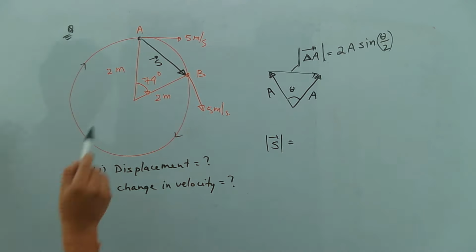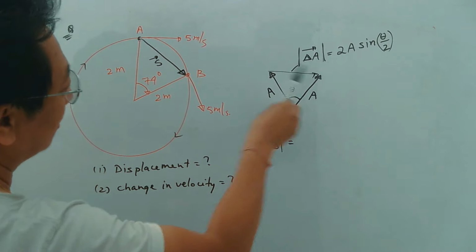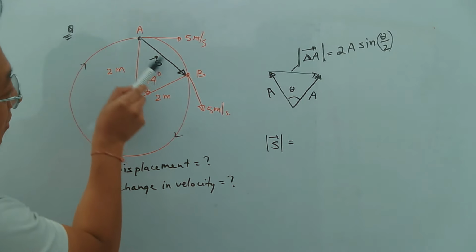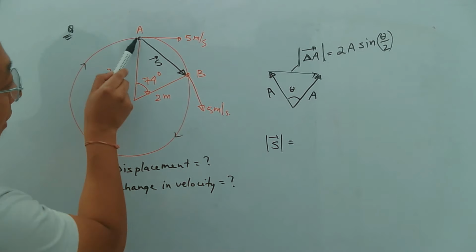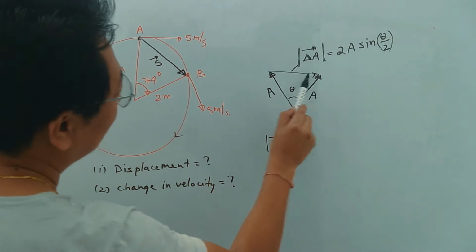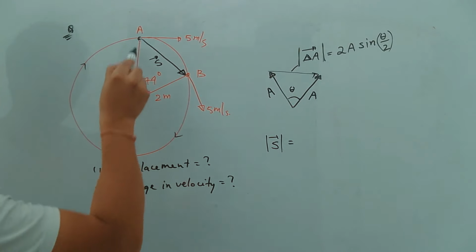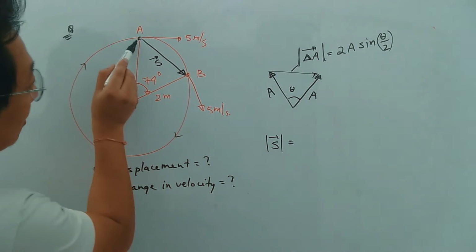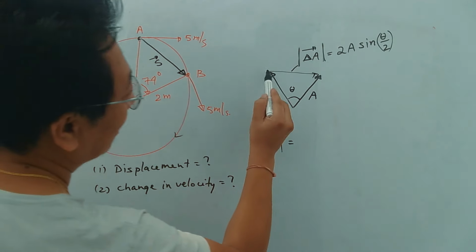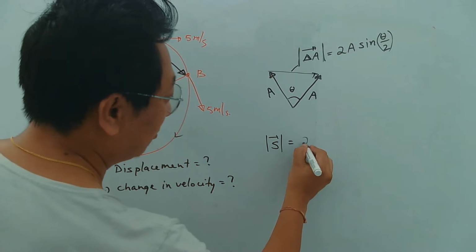This, if you consider as one vector, like this vector was, it has turned by 74 degree, like this vector has turned. So this represents the change in these two vectors, right? This minus this. And that represents this vector, isn't it? Think carefully again. Let us say this is O. So OA is like this, OB is like this, and the displacement which they want is like this, the change in the vector. So we can use the direct formula 2a.